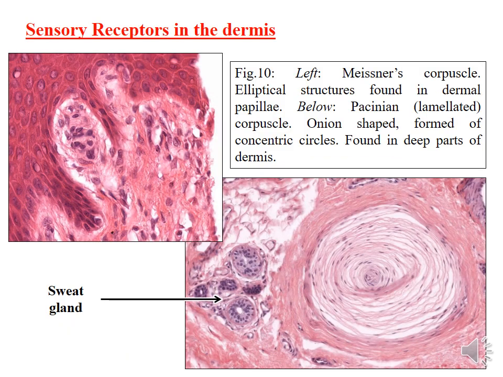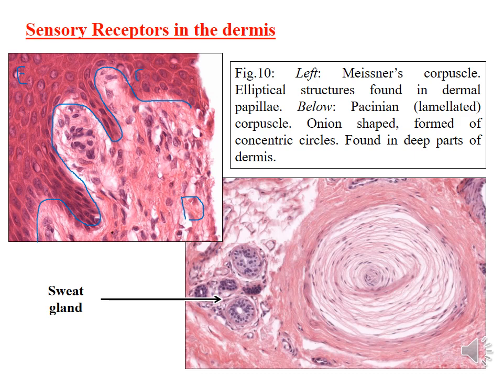We're going to talk about only two types of sensory receptors in the dermis. First, if you look at this image, here we have the epidermis, and here we have the dermis, and this is the junction between them. As we have seen earlier, it is irregular.